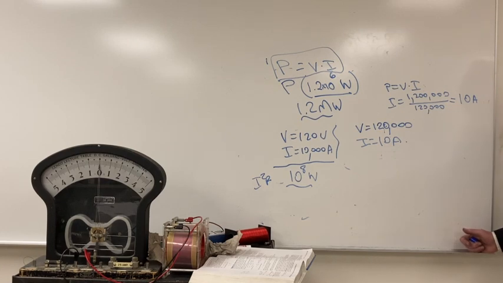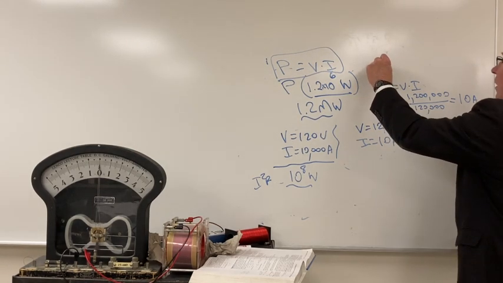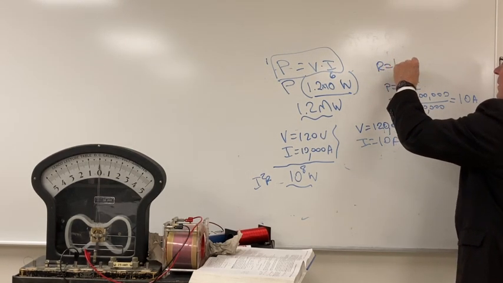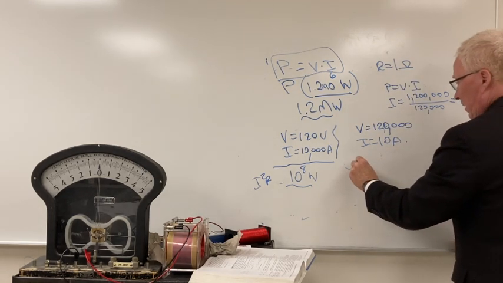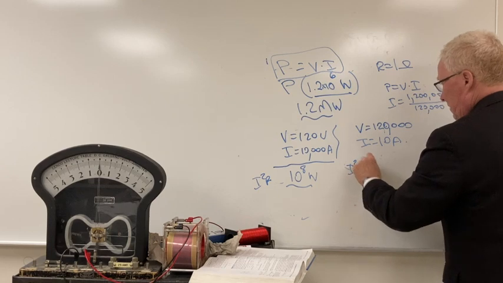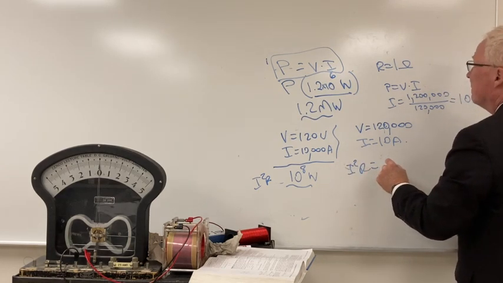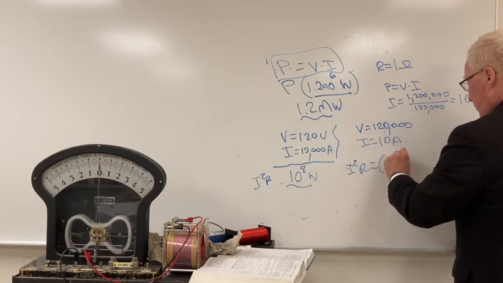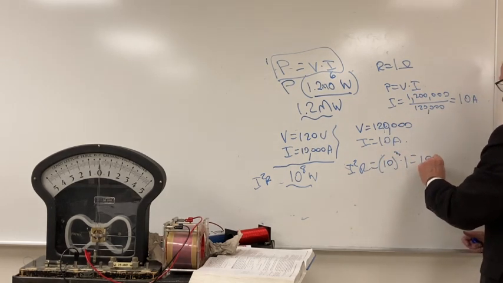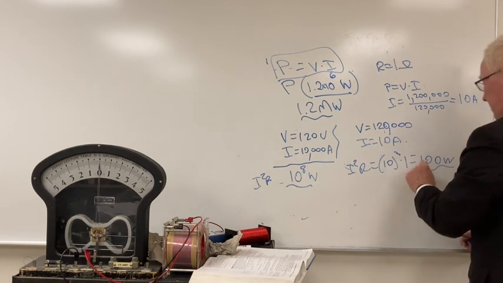All right, now we're back to our same power line where R is 1 ohm. The loss then, I squared R, in this case, will be 10 squared times 1, which is just 100 watts.